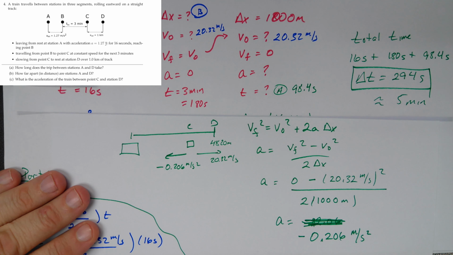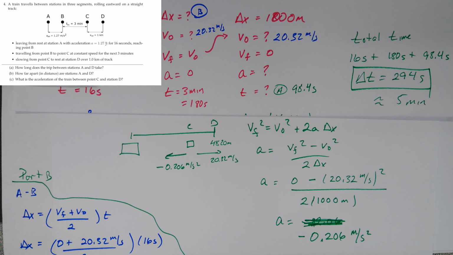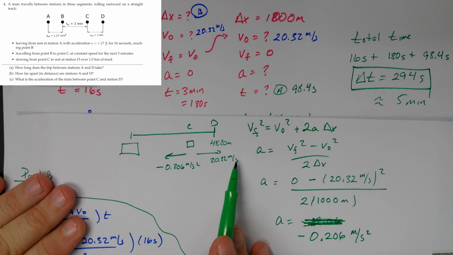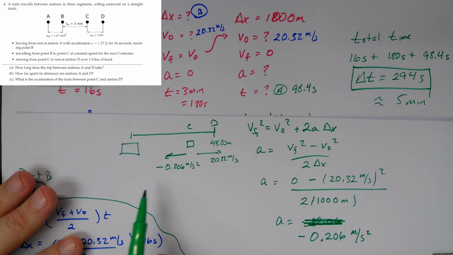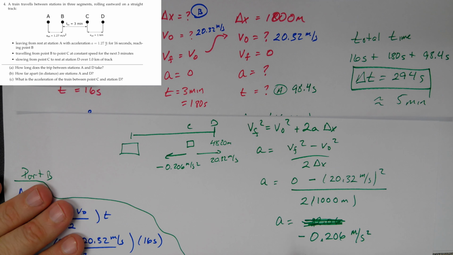All right. So when you sketch that out for a second, it becomes apparent. The train's got to slow down. Slowing down means opposite directions. So if it goes to the right with a positive velocity, then it has to have a negative acceleration to slow down. And that's what this number is.